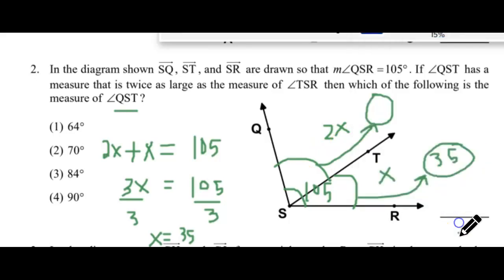It says this is twice this. What is twice this? Times 2, and that becomes 35 times 2, which is 70. 70 degrees. So therefore our answer for this question is 2.